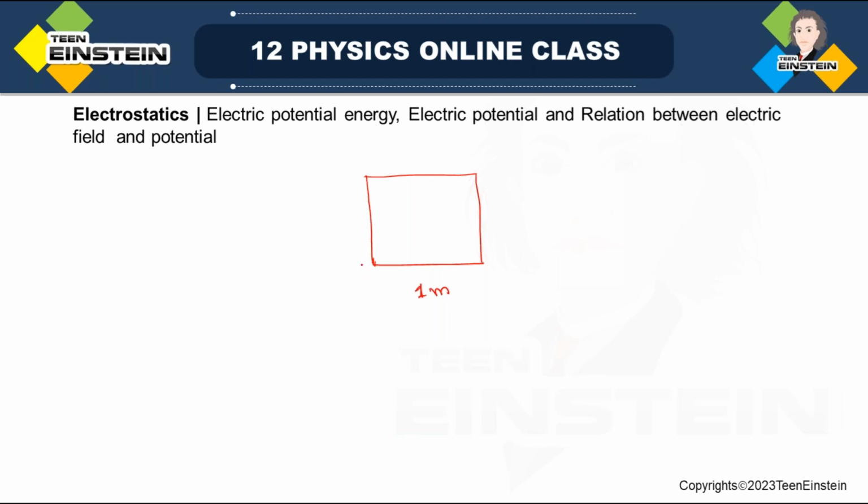There are 4 charges here, Q1, then Q2 here, Q3 here, and Q4 here. Q1 is given as 1 microcoulomb, Q2 as 2 microcoulomb, Q3 as minus 3 microcoulomb, and Q4 as 4 microcoulomb.